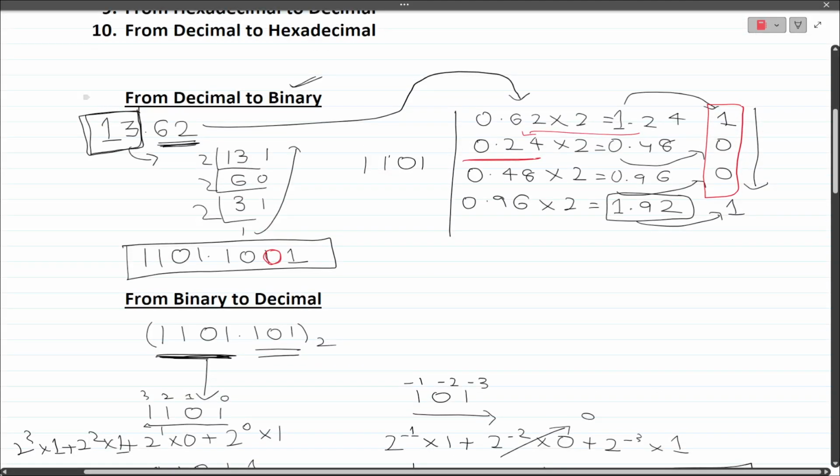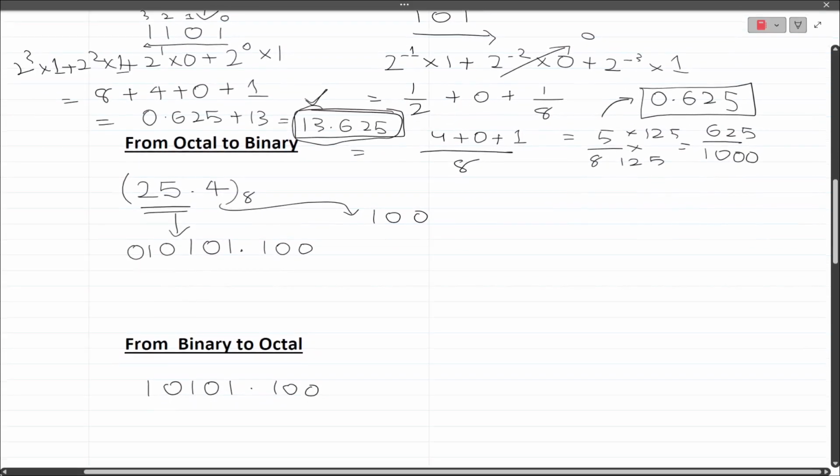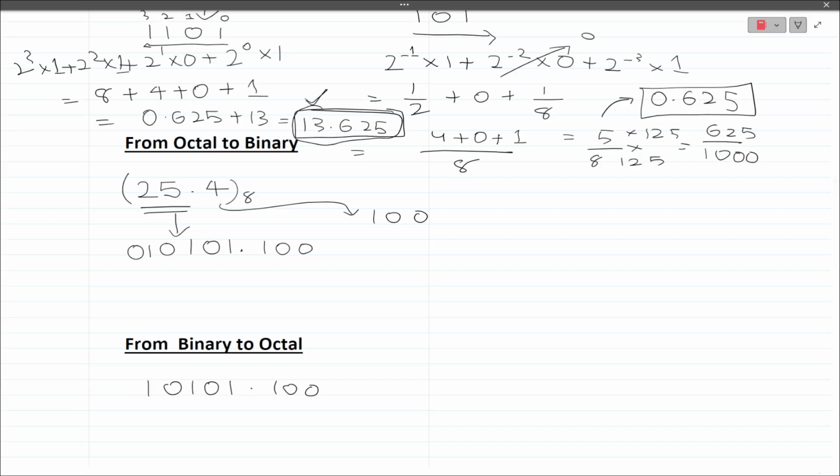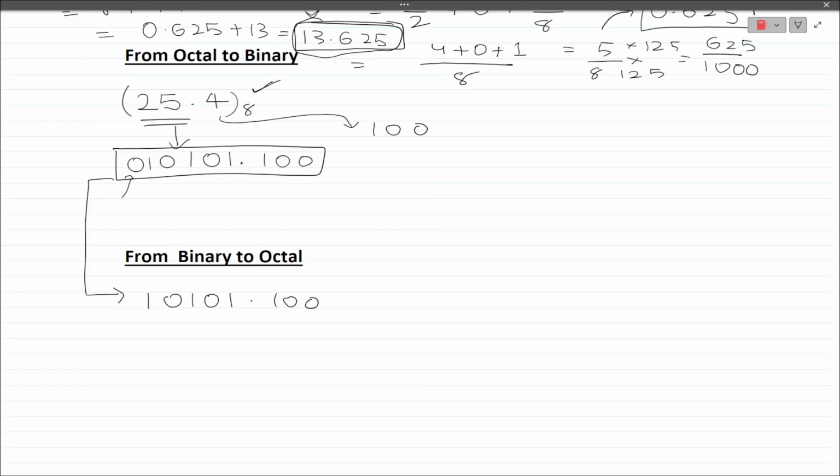This is how I am taking the expressions. See, here in my octal to binary, my question was 25.4, and this is what I have got in my result. And as you can see, I'm just ignoring this first digit 0, and I'm taking the entire expression. And here, whatever methodology I use, my answer needs to be 25.4. Okay, that is what our aim is.